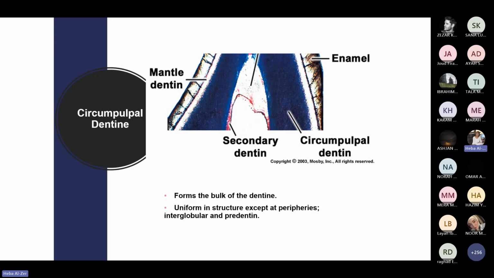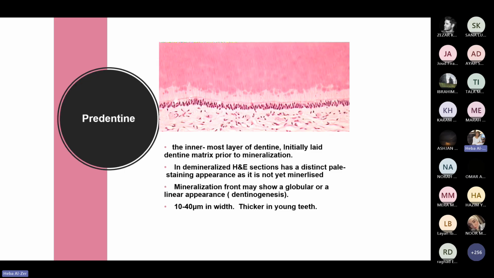The other 2 layers are found both in crown and in root. They are the circumpulpal dentine, which is the uniform dentine, making the bulk of dentine. There is nothing special inside of it. Tubules in mineralized matrix. Near the pulp, above the odontoblast, there is this area of dentine that's called predentine.